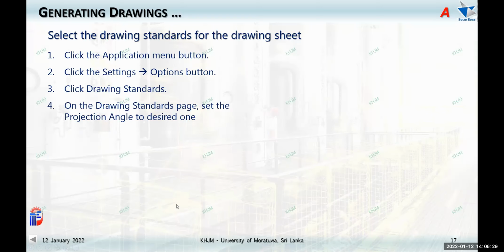And also, I should know exactly when I'm generating. Remember, I'm generating a drawing. Is it going to generate using the first angle projection, or the second angle projection? Oh, I'm sorry, the third angle projection. And then others also will follow the same thing.